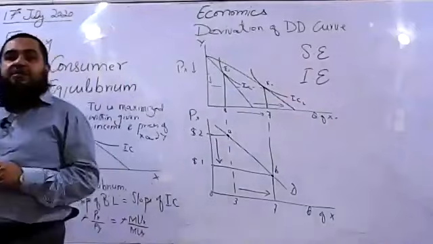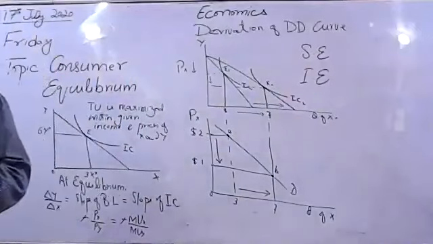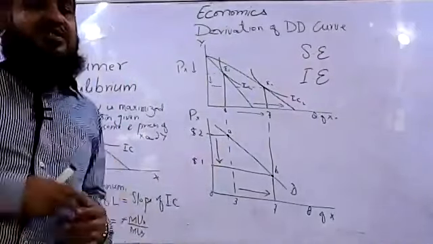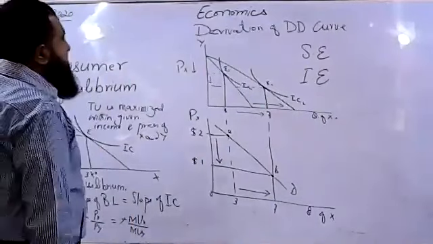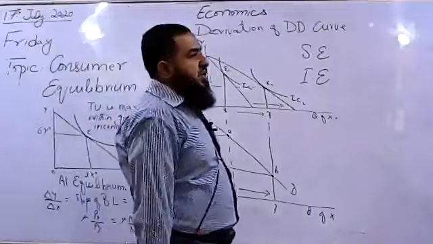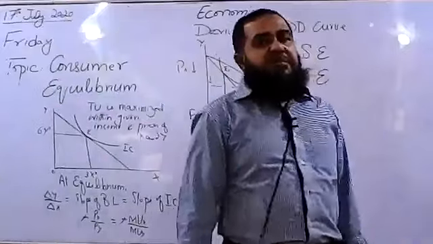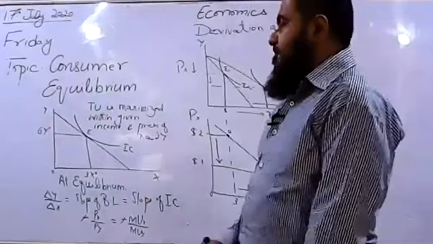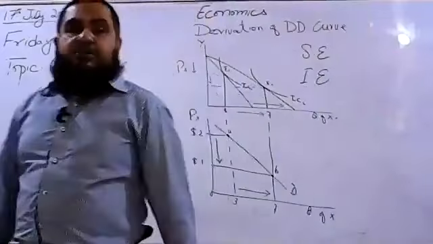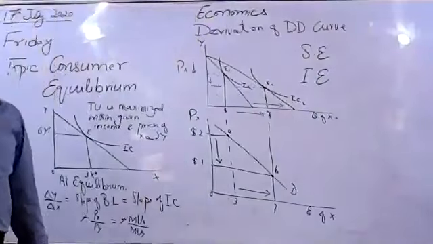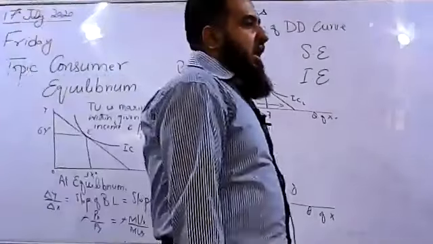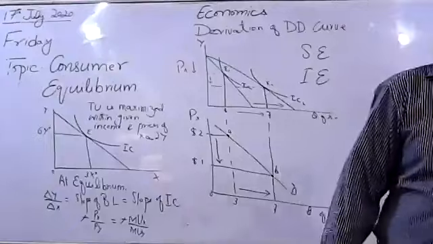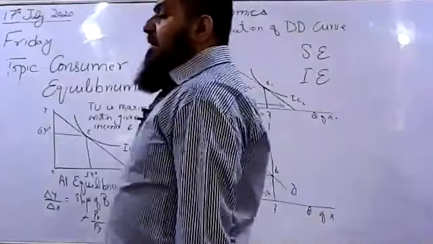The substitution effect can be demonstrated by movement along the same indifference curve. I will explain in our next class how substitution and income effects work when the price of the commodity changes. Now, what is the income effect? Due to a change in the price of a commodity, X or Y, what is happening?